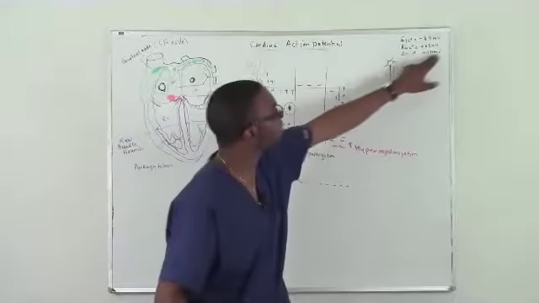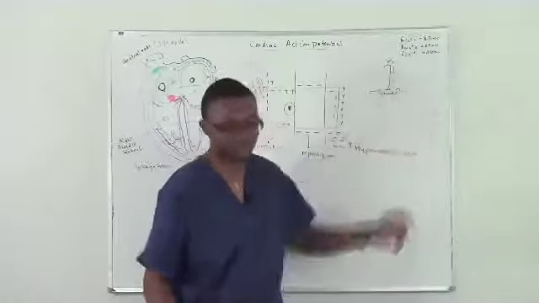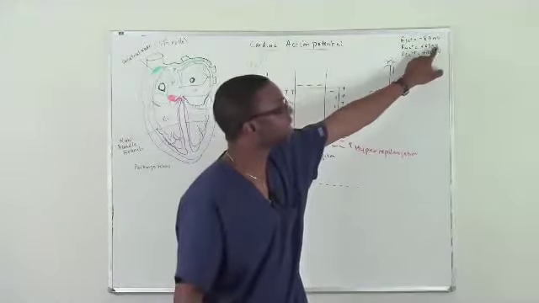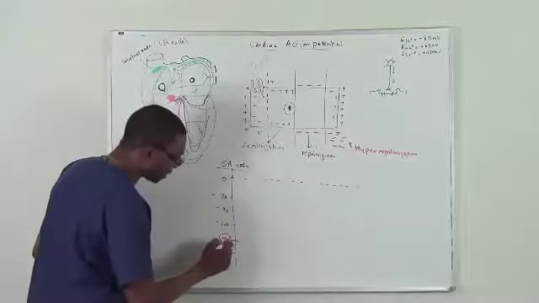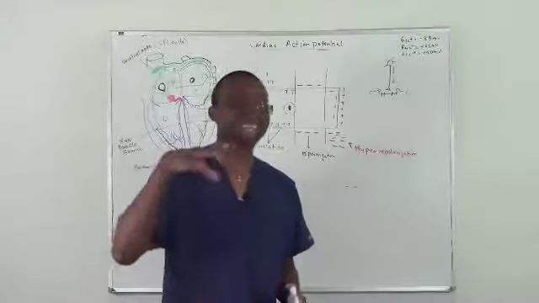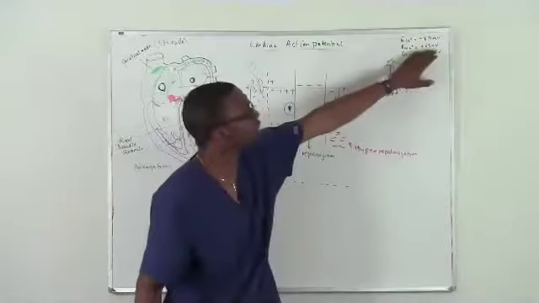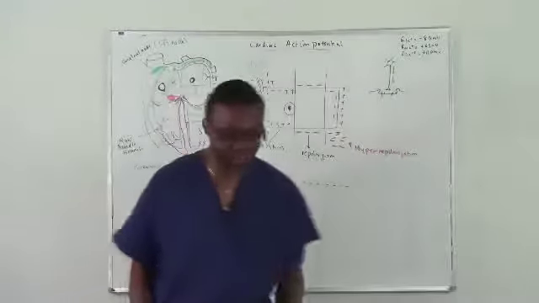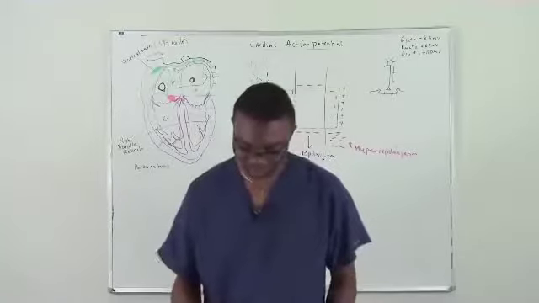Which of these ions has the closest resting membrane potential to the SA node? 65, right? 65 is overall closer to 70. Remember, the negative is just telling me the inside of the cell is more negative. That's all it means, all right? So for sodium, 65 is actually closer to 70. So the SA node has an unstable resting membrane potential.